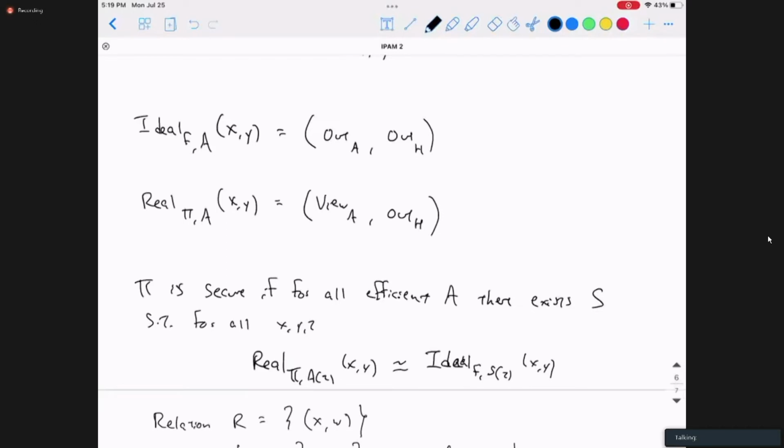Because think about what's going on in the ideal world. In the real world execution, let's assume we have some cheating prover who's able to make the verifier accept, meaning make the verifier output 1. So then there has to be a corresponding simulator in the ideal world that can also make the honest verifier output 1. But the honest verifier in the ideal world is going to output whatever it gets sent by the ideal functionality.